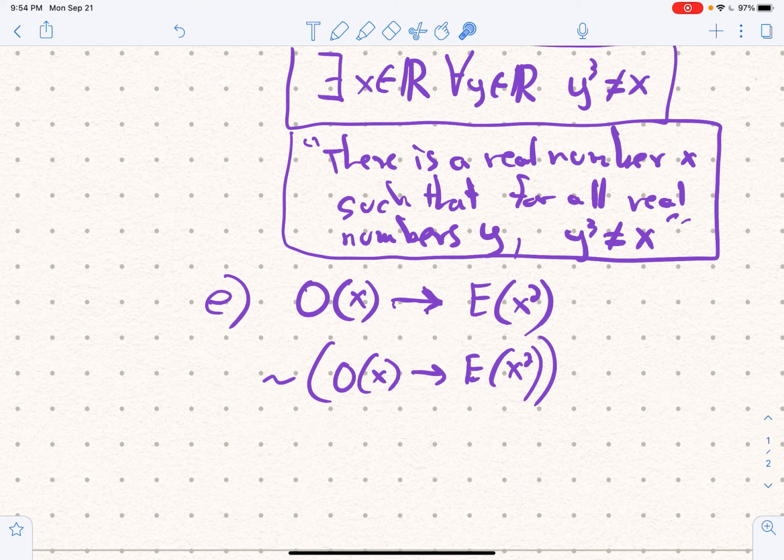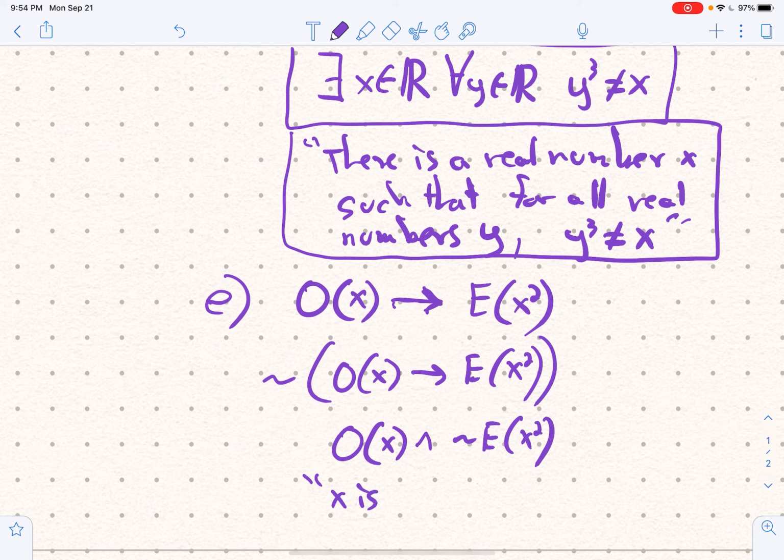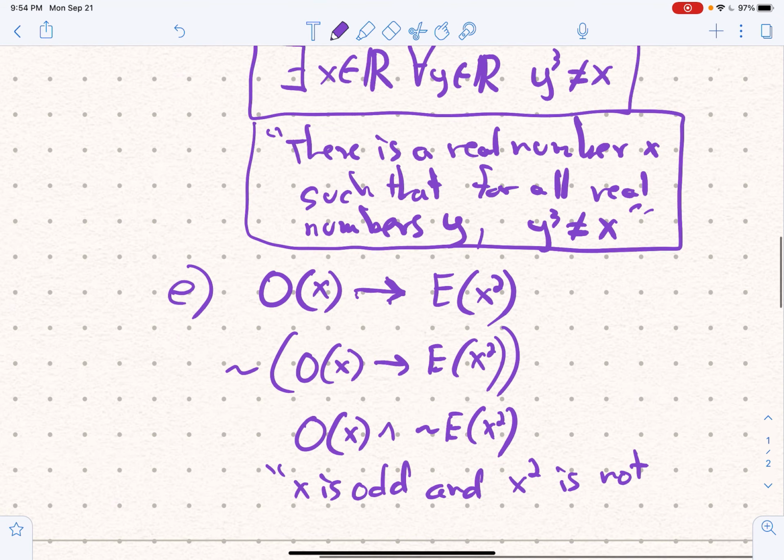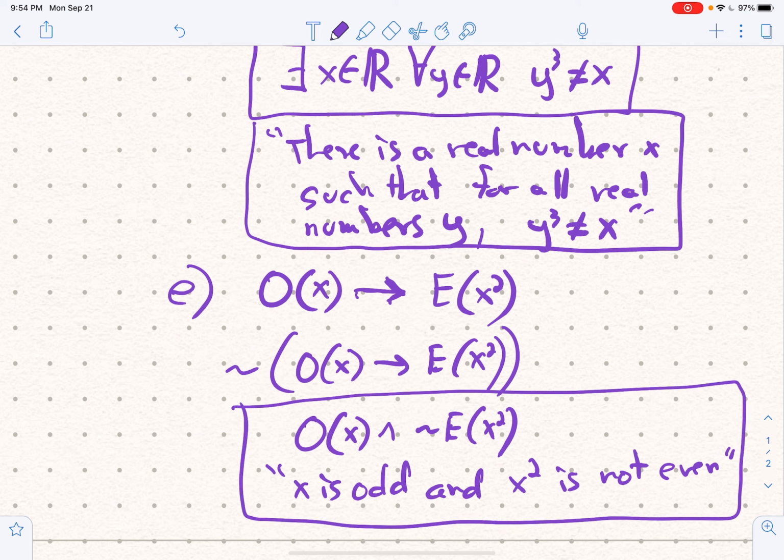We're going to get to that later. So I'm just going to keep it as not even for now. So this is O of x and not E of x squared. That is to say, x is odd and x squared is not even. And here we have our symbolic and natural language versions of this negation.